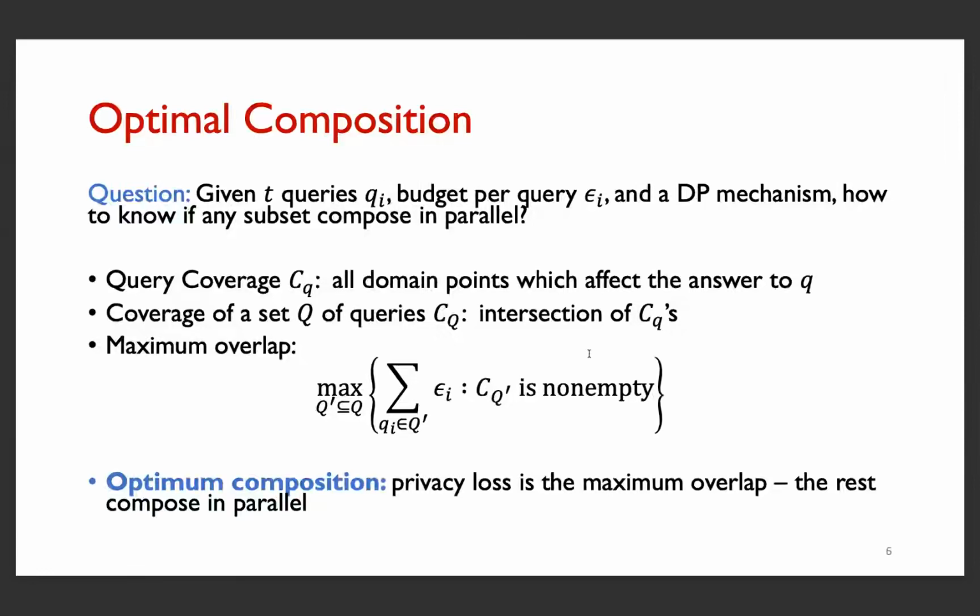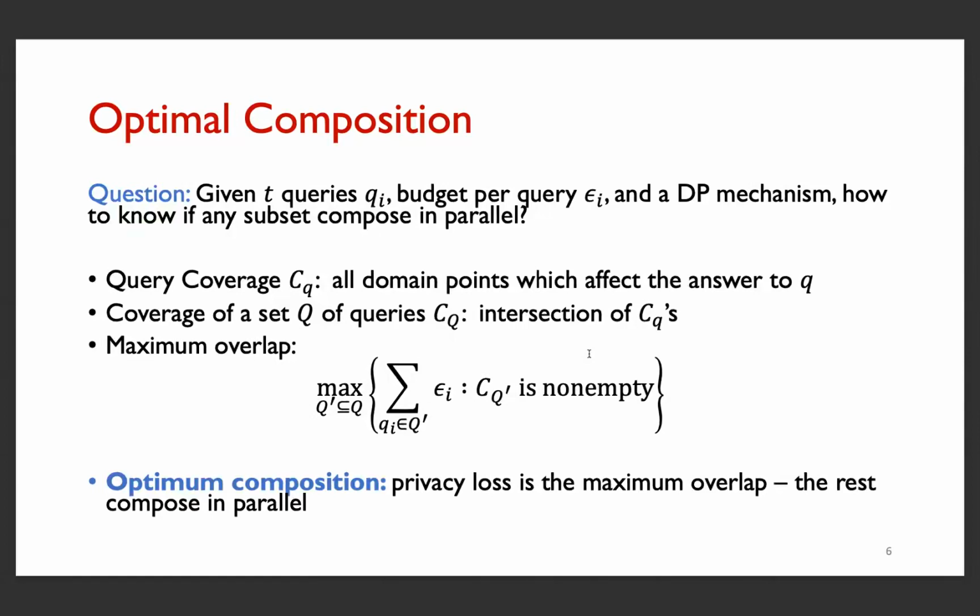So the question then is that if we're given a number of queries T, each with a different privacy budget, and a fixed DP mechanism, how do we find out if any subset composes in parallel? In order to answer that question, we define the notion of maximum overlap, which is defined in terms of query coverage.